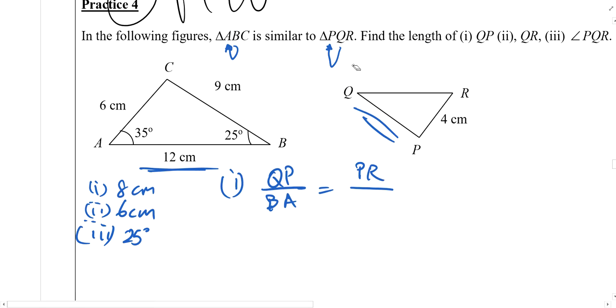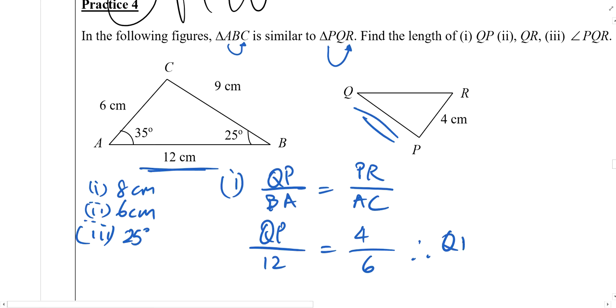So PR over here must be corresponding to AC. Put in the values. QP over BA, which is 12, equals PR, which is 4, divided by AC, which is 6. So QP equals 2 over 3 times 12, giving us 8 cm.